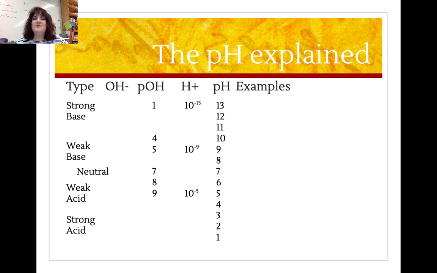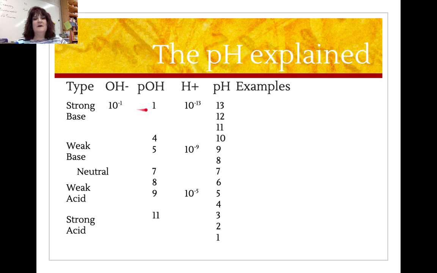Then we have the concentration of OH negative. The concentration of OH negative matches the pOH, just like the concentration of H positive matched the pH. So the OH negative of a pH of 13 is 10 to the negative 1. See how they match?